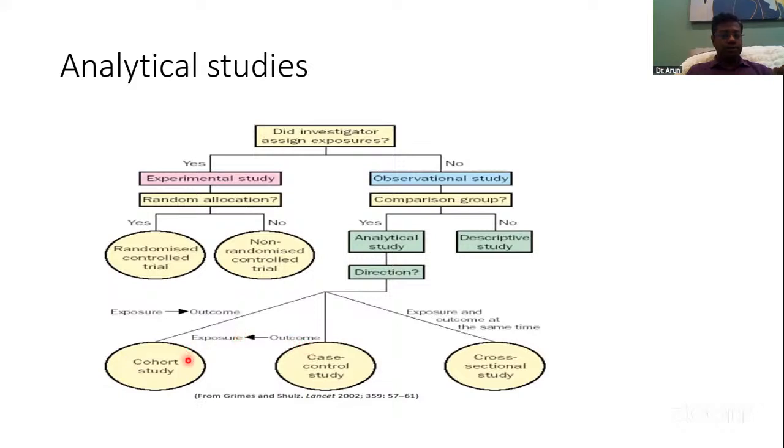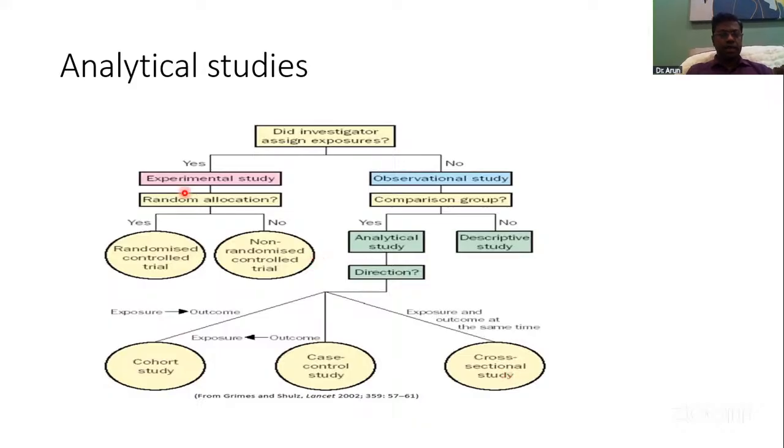In a cohort study, the study direction moves from exposure to outcome. The cross-sectional study we discussed under descriptive studies. If we have a comparator group, that is called an analytical cross-sectional survey. But again, as I already discussed, in a cross-sectional survey we are assessing both exposure and outcome at the same time. We cannot differentiate which one happened first.